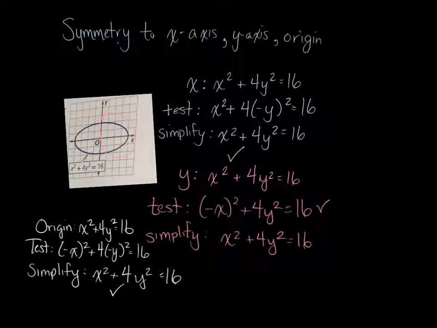So just to make a couple notes quickly. For x-axis, for lack of better words, I'm going to write plug in negative y value. For the y-axis, you plug in negative x value.